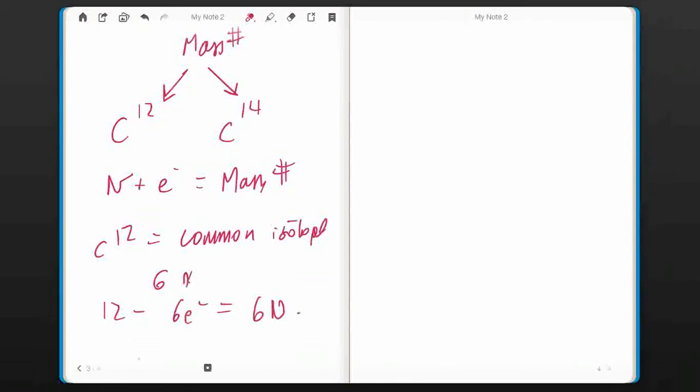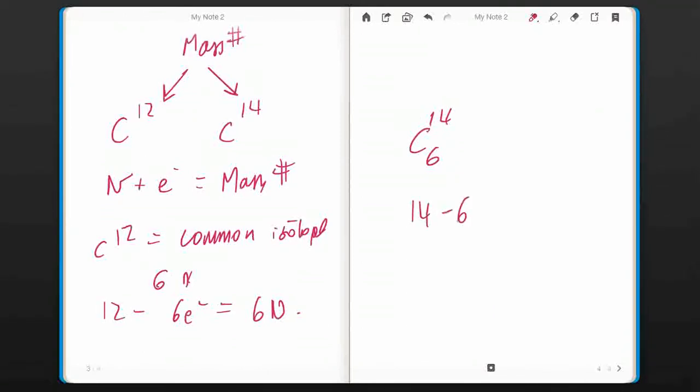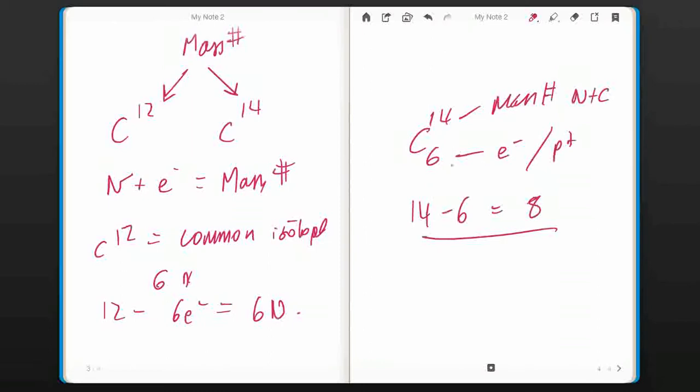It's less frequently found, and obviously C14 has the same number of electrons, but this time we have 14 minus 6, which is going to give us 8. That's the mass number, which is neutrons plus protons. This is the atomic number, which is just the number of electrons or the number of protons, because they're equal. Okay.